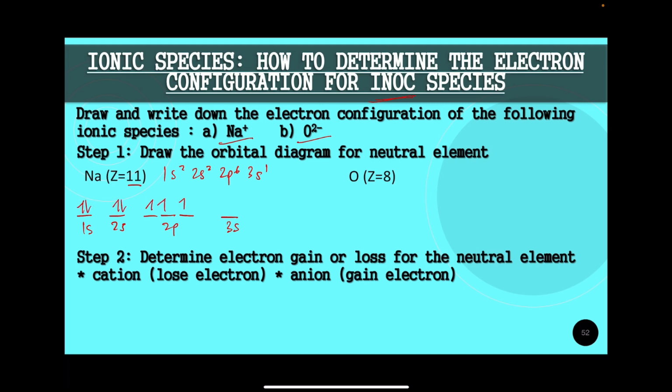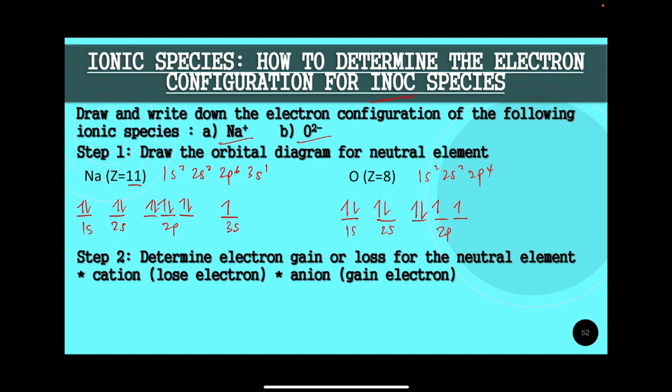So this is the orbital diagram for sodium. And for oxygen, the electron configuration is 1s2, 2s2 and then 2p4, which means the orbital diagram is 1s, 2s and 2p only. 2p has 4 electrons, so singly first and then we pair up with the different orientation.